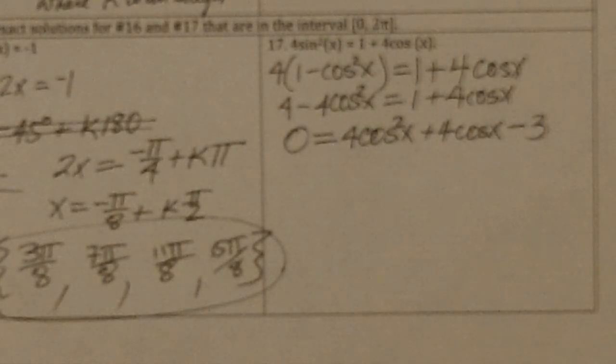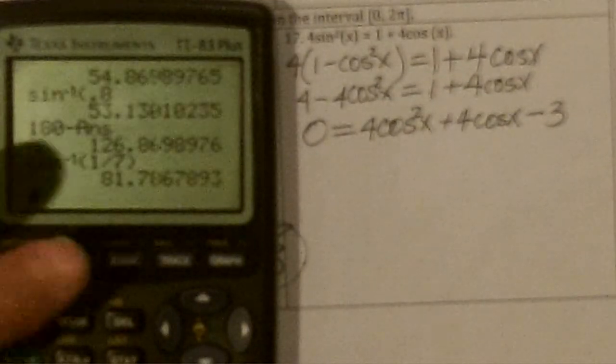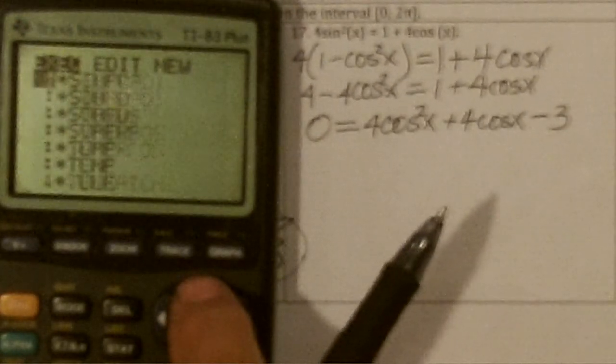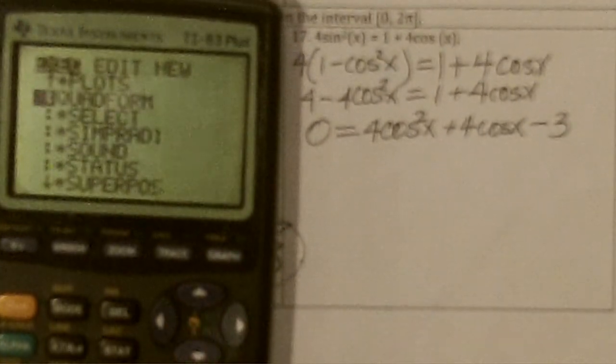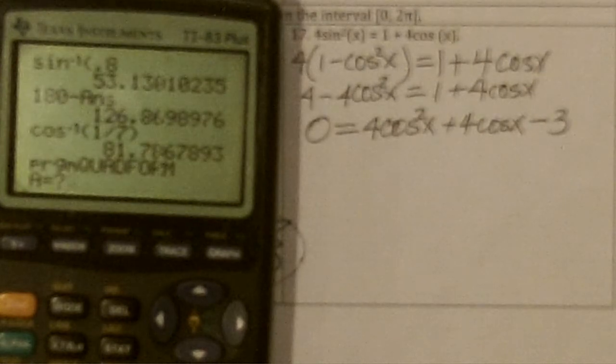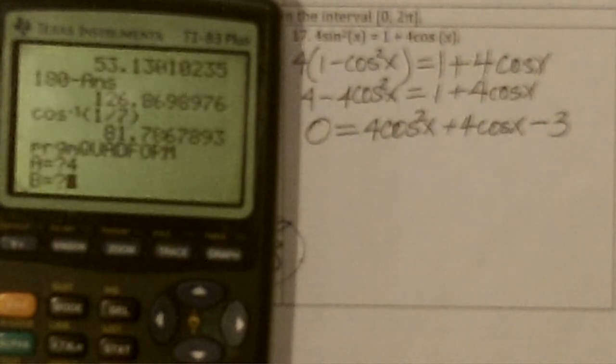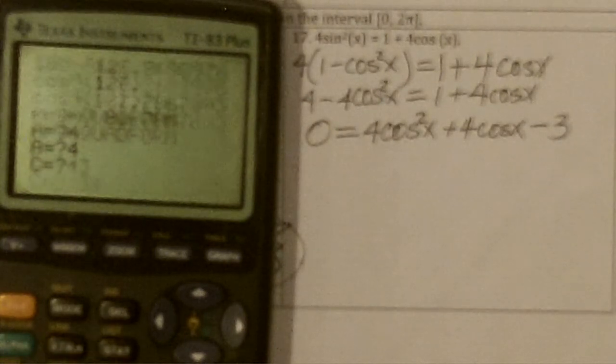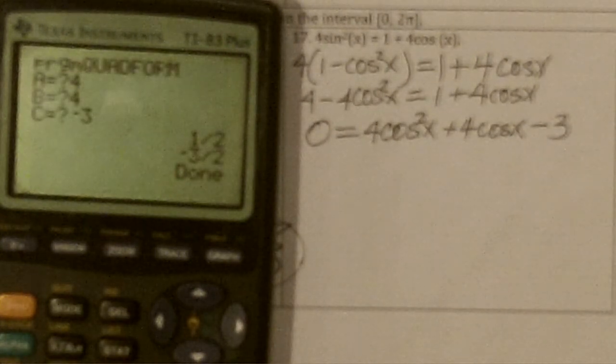And does that factor? 4 and 1. I don't think it does. So, not what I wanted, but I can use the quadratic formula and put in a is 4, b is 4, and c is negative 3. Oh, it does factor.